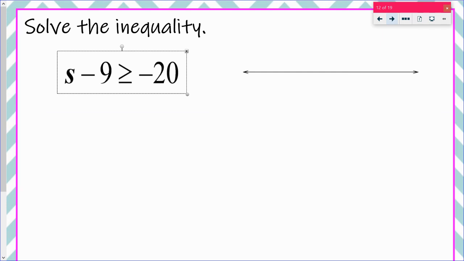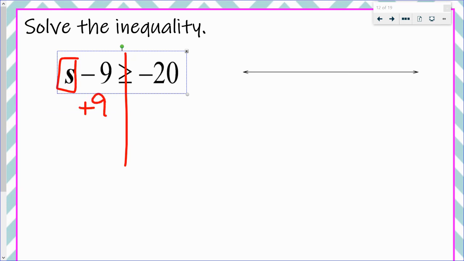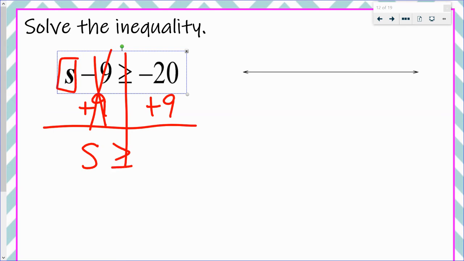Okay. Next one. So S minus 9. It's minus 9, so opposite would be to add 9 to both sides. Just be careful with your integer rules when you're doing these. S is greater than or equal to. So we have to think, what is negative 20 plus 9?